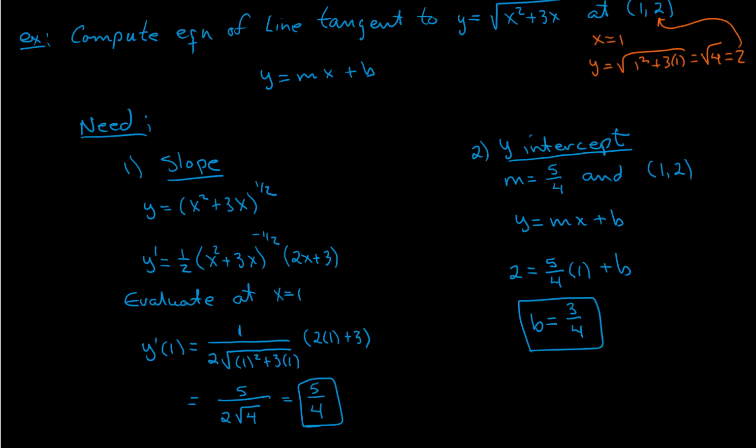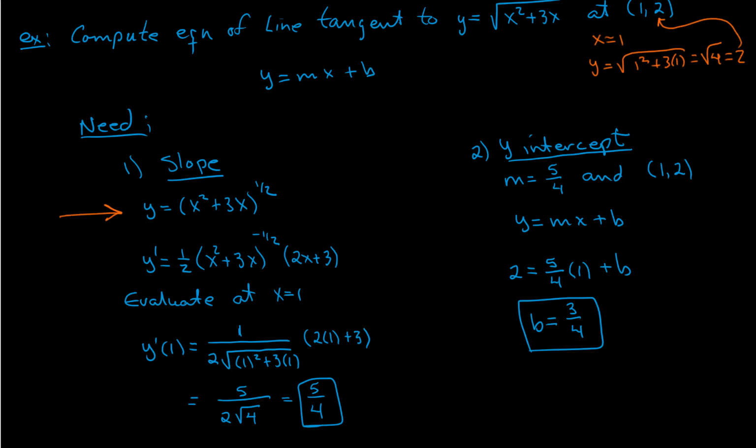To get the slope, I first need to take my function. I'm going to rewrite this as x squared plus 3x raised to the 1/2 power. We have a square root applied to a polynomial. That's a chain rule. You have a function inside of a function. To compute the derivative, I'm going to take this exponent and it becomes my new coefficient out front.